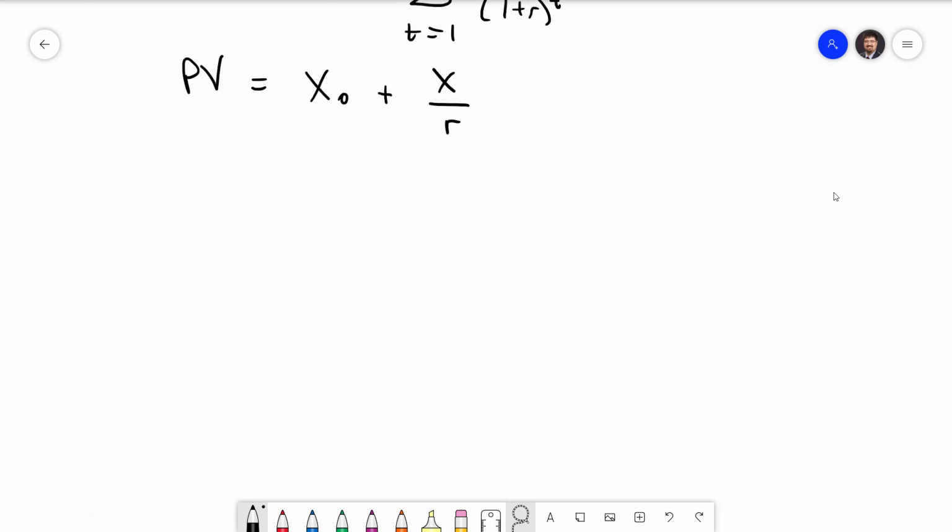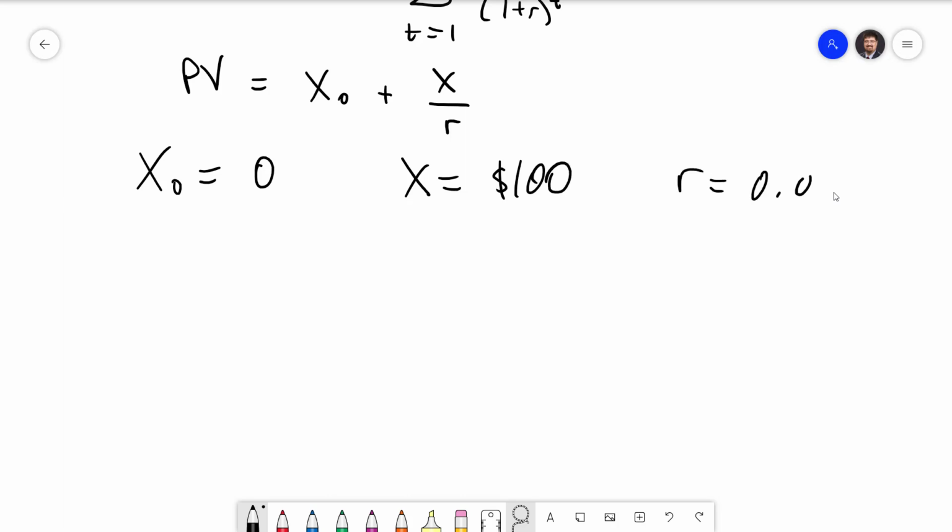Let's look at an example. Suppose we have an asset that pays 0 immediately, but in every future period, we are going to receive $100. We're going to continue on with our interest rate of 5%, or 0.05.